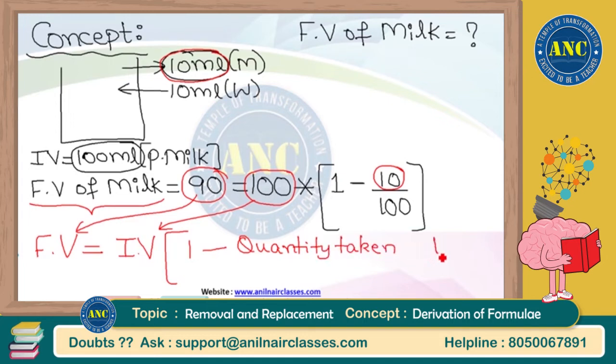1 minus quantity taken outside the vessel divided by, what is this 100? 100 is nothing but the total volume. Totally 100 will be there, because I took out 10, again I added 10, so it became 100 at this point. I hope I am making sense.